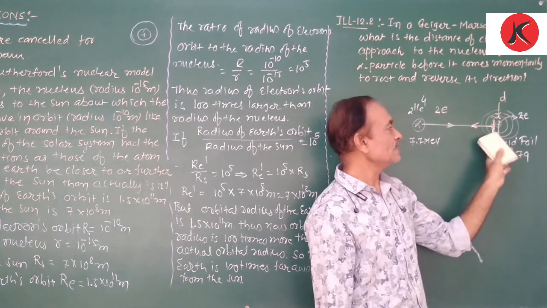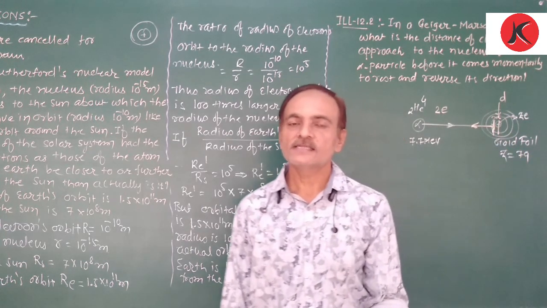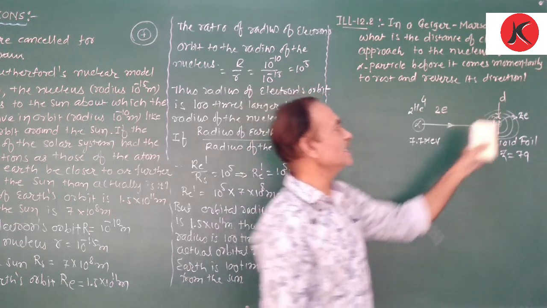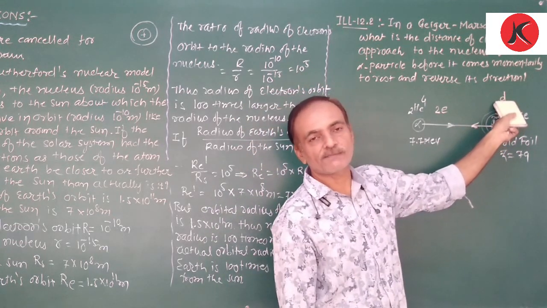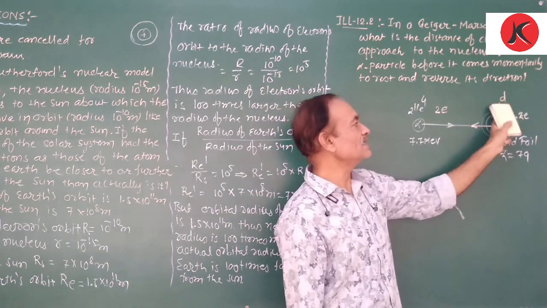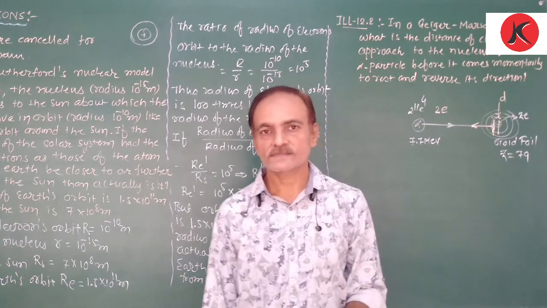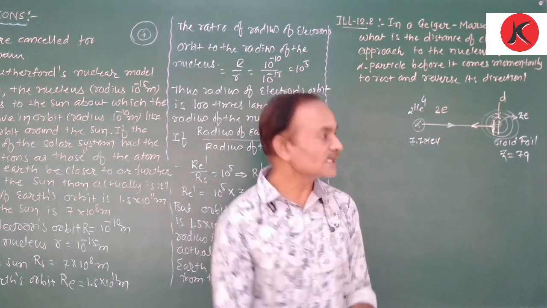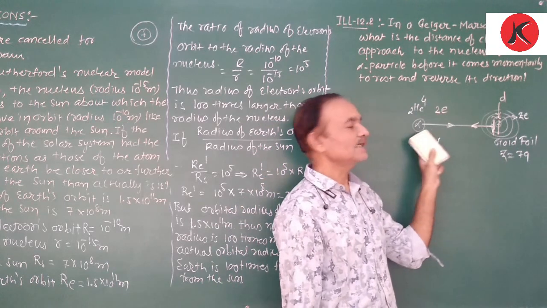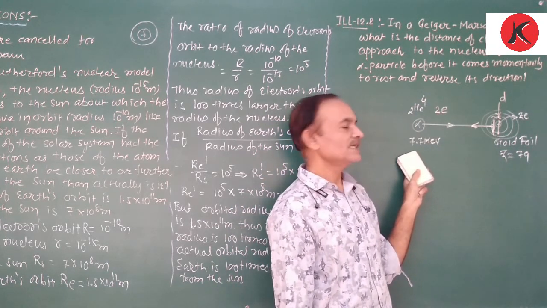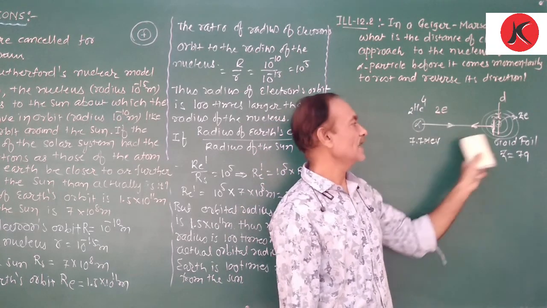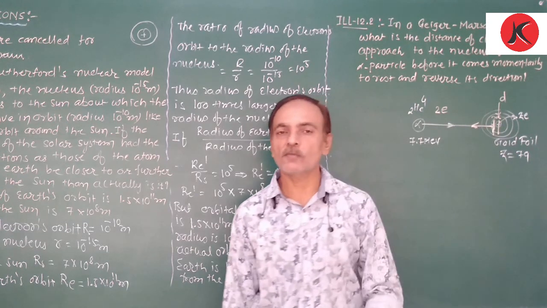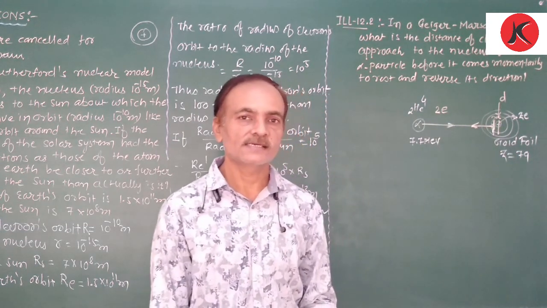In this situation, suppose the distance between the nucleus and the alpha particle is d, that is known as the closest approach distance. Our aim is to find this distance. For that purpose, we are using the law of conservation of energy. Initial energy is in the form of kinetic energy, and final energy is in the form of potential energy.